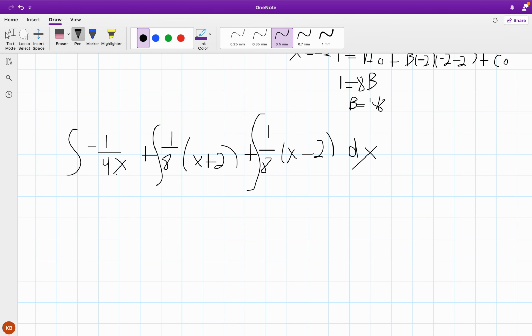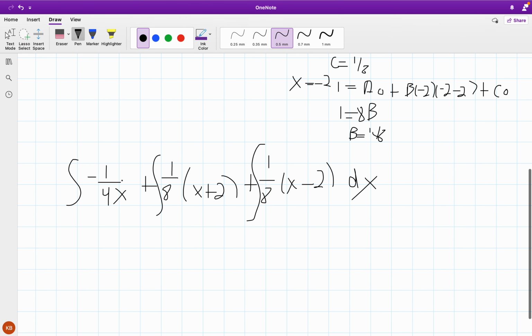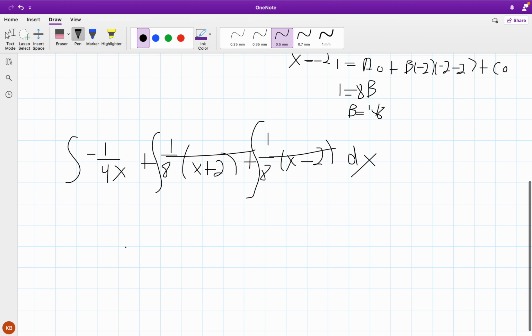So when x is to the power of negative 1, as it is in this problem, just to be more clear, x to the negative 1 integrates to the ln of x, and since the coefficient of x is 1, we don't need any u substitution, we can just put it in right away.